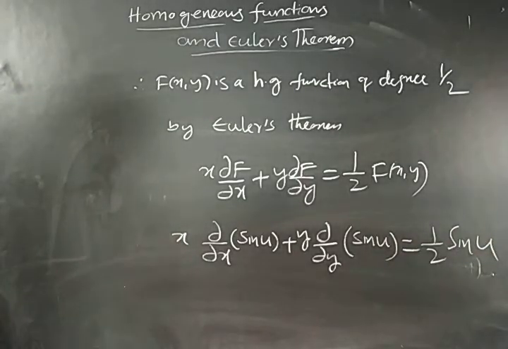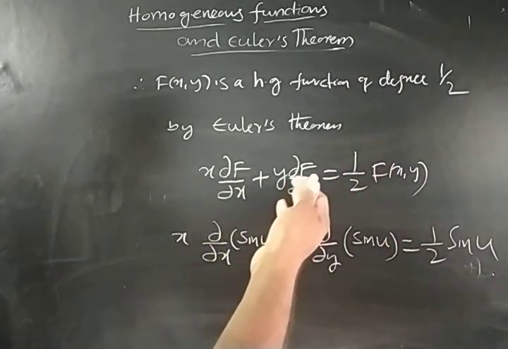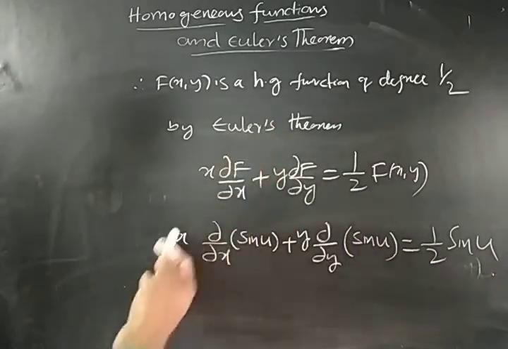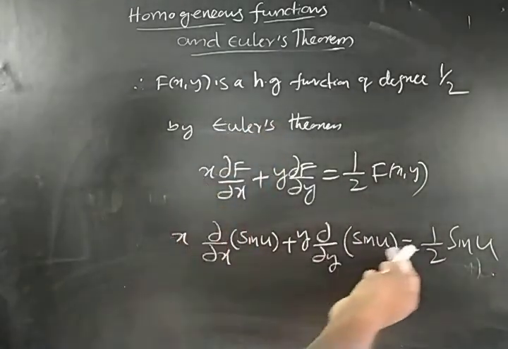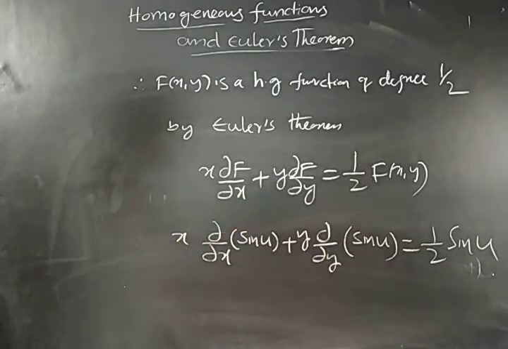By Euler's theorem, we know x ∂f/∂x plus y ∂f/∂y equals 1/2 of f of x comma y. So by applying Euler's theorem, in place of f of x comma y I substituted sin u. Here u is a function in x, y.